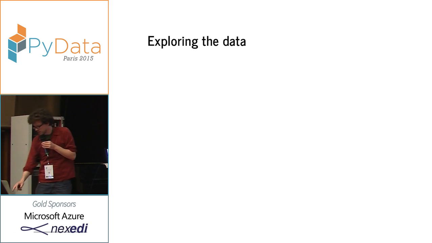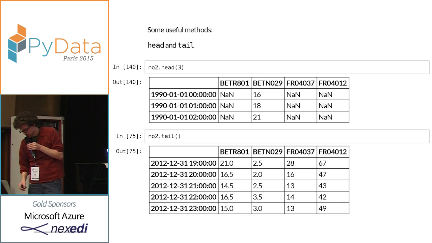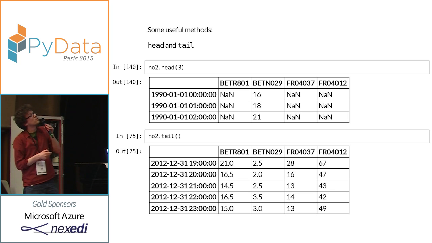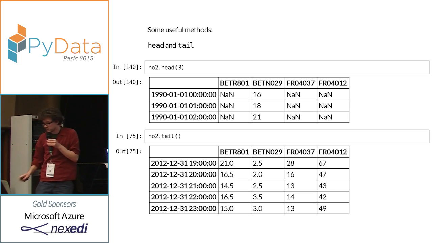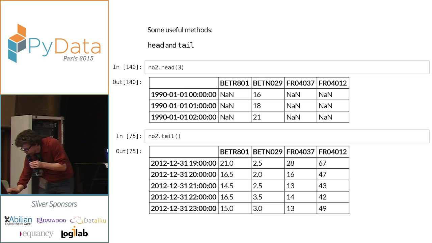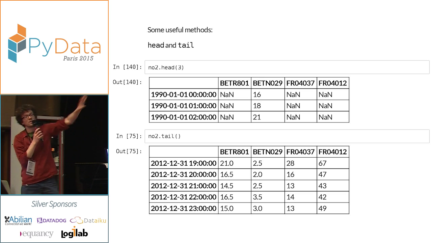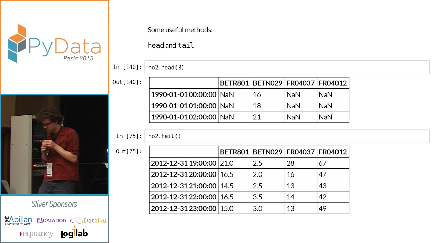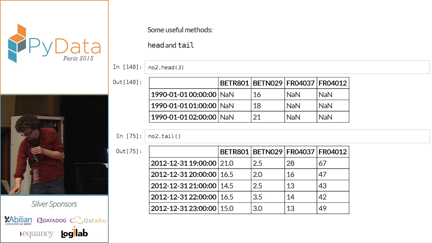Then the next step is I can explore some of the data. Therefore, you have different functions. For example, you have the head function. The default is to show you the first 5 rows, and the tail shows the last 5 rows, but you can also provide a number for how many rows you want to show.